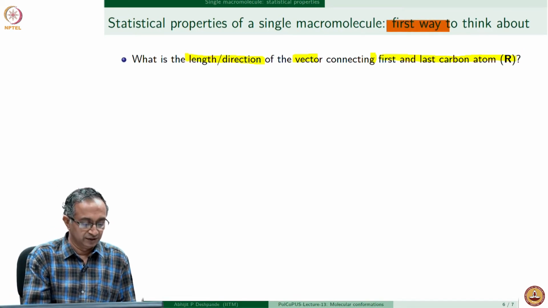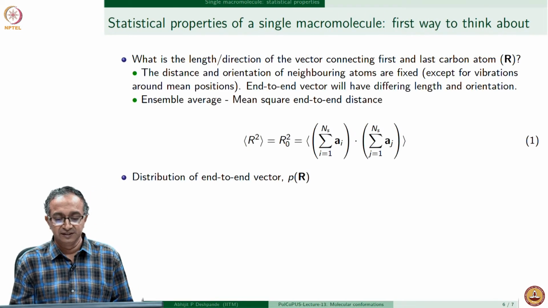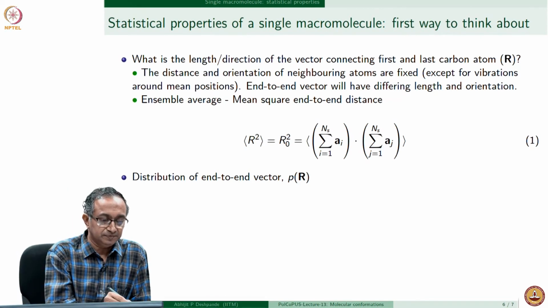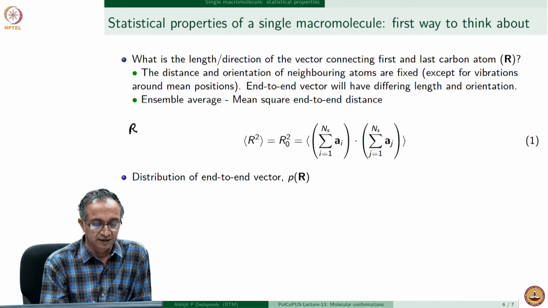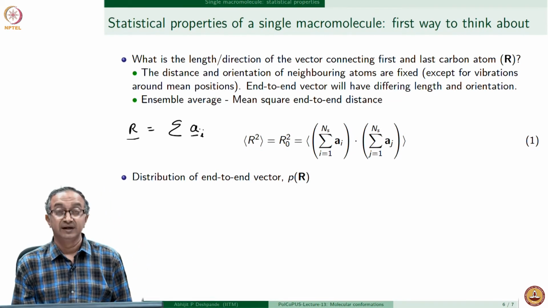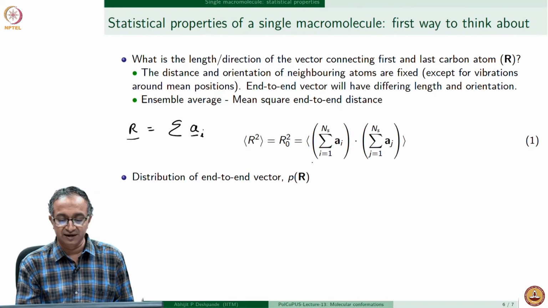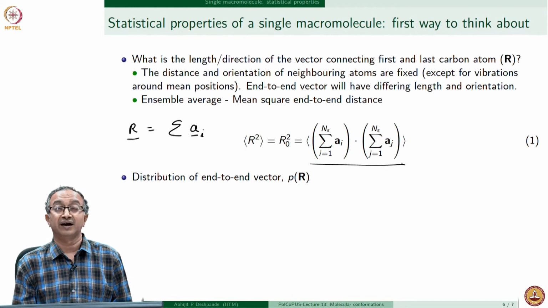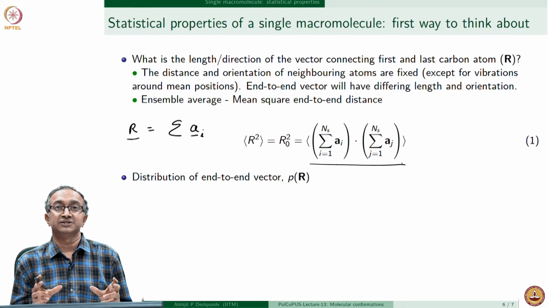So in terms of definition, R is just the vector sum of all the individual links. And if I am interested in knowing the distance or the magnitude of this R, then I have to just look at two different conformations and what is the overall distance between end to end.